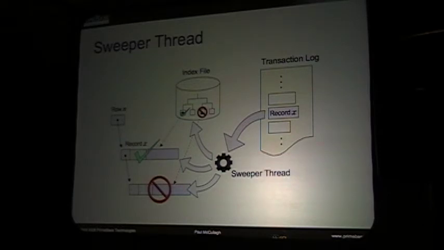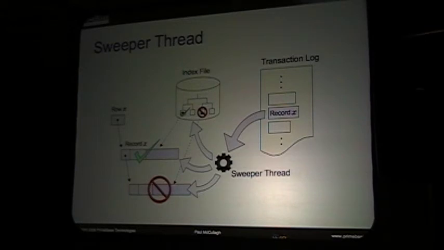So we look at an example here, record X, and assuming this record was committed, what the sweeper will do is locate the record, and this green tick means the action of cleaning that record, which means it writes something into the header to say this record is visible by everybody. And then it removes the older versions. Now this record is visible by everybody, you can remove the older versions of the record, and that's the deletion here.